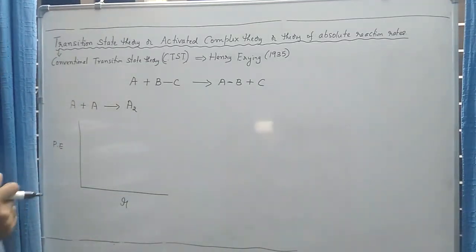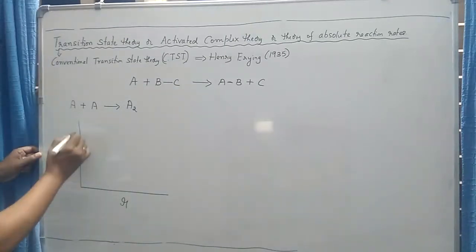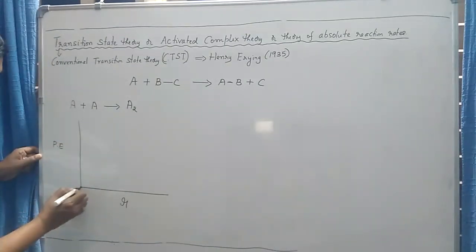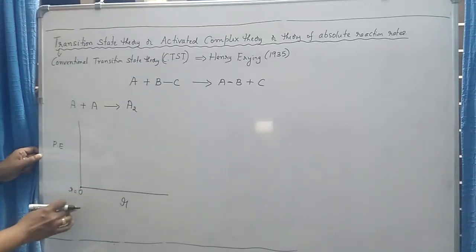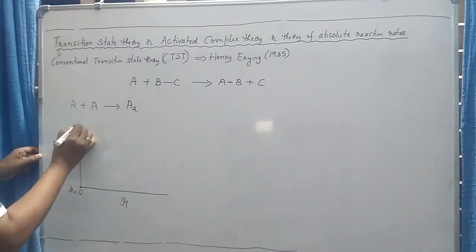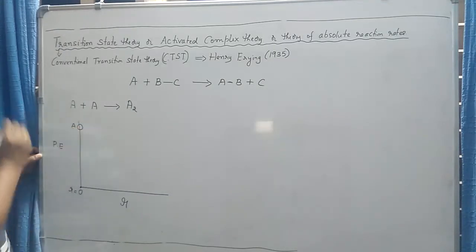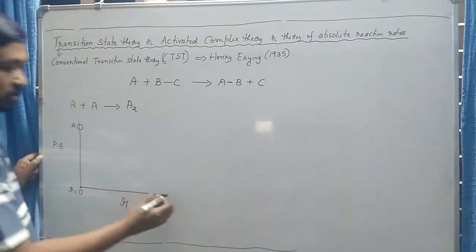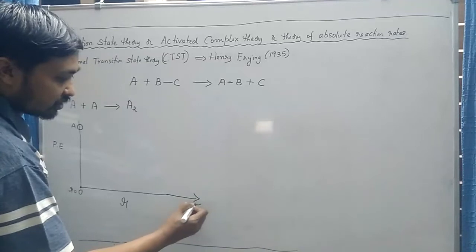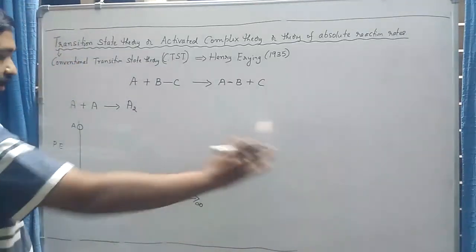Initially, let us assume one atom is here. If I take this as origin, here r is equal to 0. So one atom A is at the origin. The other moves towards infinity, right of the x-axis.